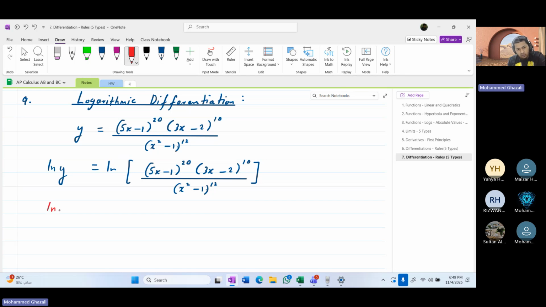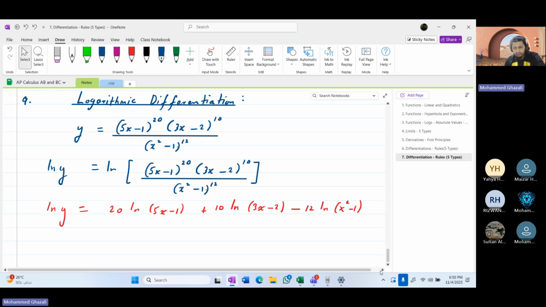So ln y is now equal to 20 ln(5x minus 1) plus 10 ln(3x minus 2) minus 12 ln(x squared minus 1). Now let me explain where I got this from.